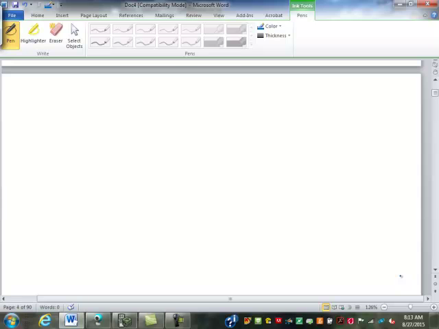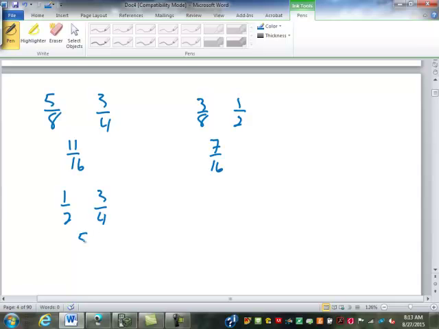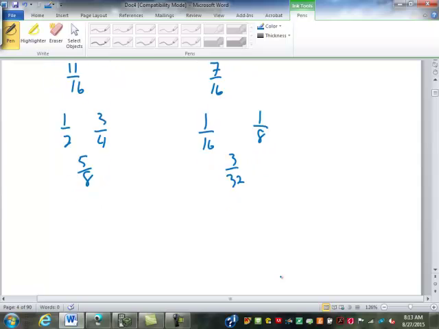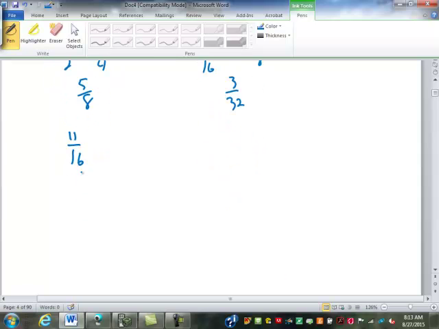Okay, so just looking at this one. Number 3, between 5/8 and 3/4 is what? 11/16. Good. Between 3/8 and 1/2, 7/16. Between 1/2 and 3/4, 5/8. Between 1/16 and 1/8, 3/32. Good. Between 11/16 and 3/4, 23/32. 3/32 and 1/16.